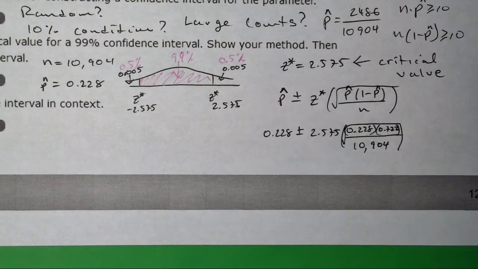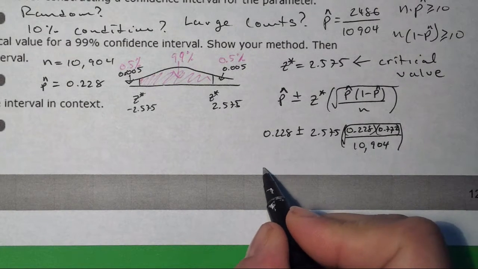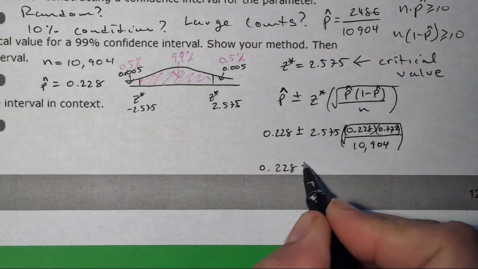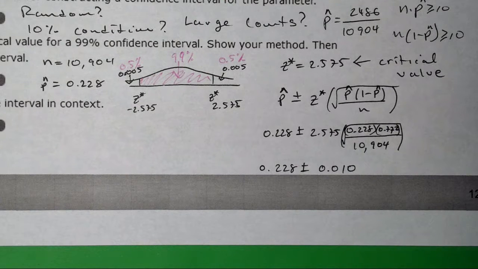10,904. Okay, and if you do all that correctly, that's a 772. If you do all that correctly, you should get 0.228 plus or minus 0.010. Hopefully you are actually trying to calculate it on your own.